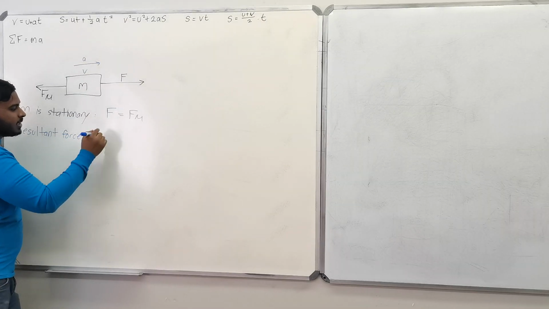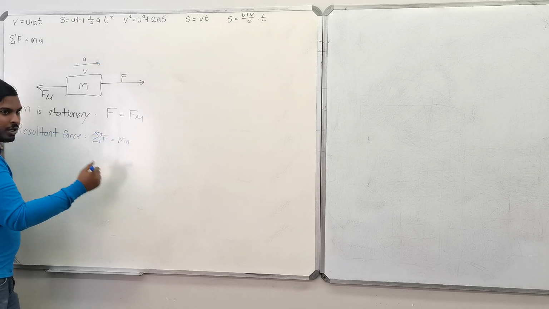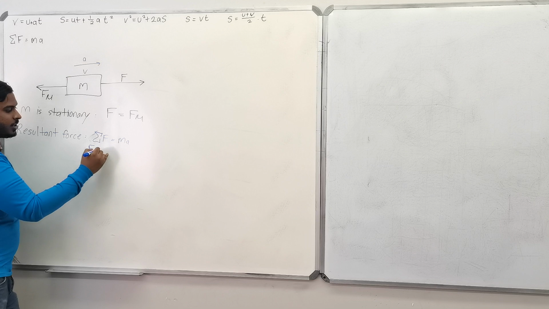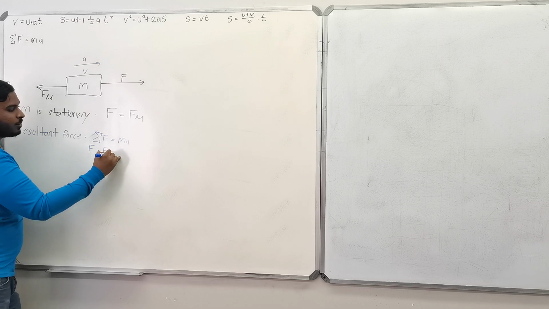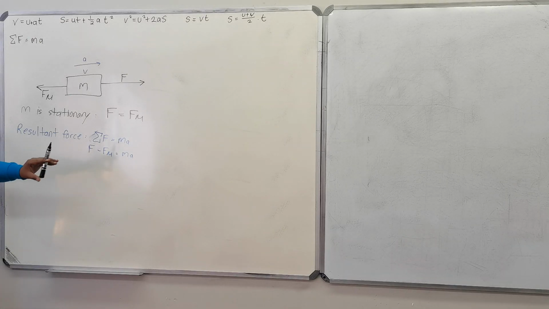It's basically the sum of the forces equal to mass times acceleration. Your applied force will be in a positive direction. Your frictional force will be in a negative direction. Mass times acceleration, that's where they got it from. Remember, uniform velocity is going to give you a uniform acceleration because of these formulas.